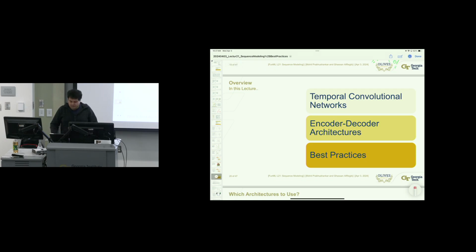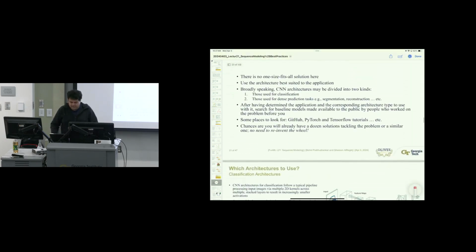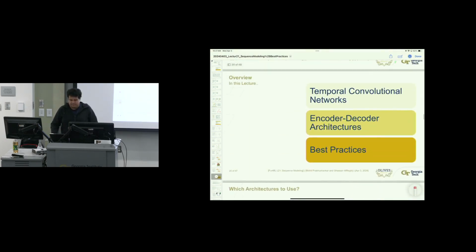All right, so many of the next slides are going to be self-explanatory. It's basically best practices for all these architectures. So we have looked at a lot of architectures. I think from the beginning of March, we started off with CNN architectures, and within CNN we had AlexNet, VGG, InceptionNet, ResNet.